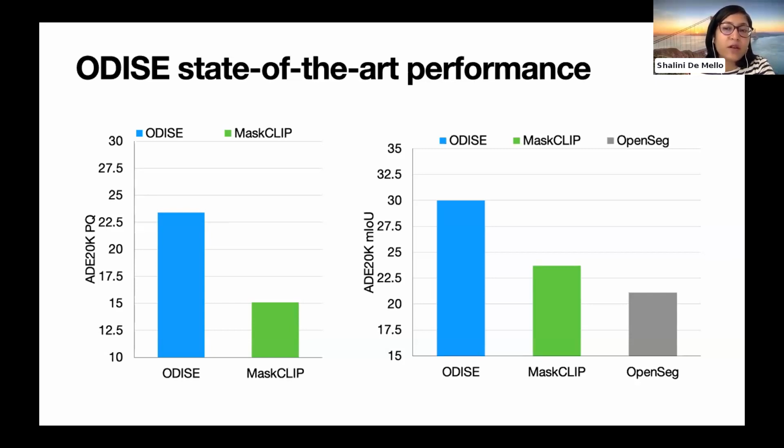And a prior work, OpenSeg, which was published before MaskCLIP, only used the CLIP model, did not use the diffusion model. And as compared to that as well, we found that Odise led to a significant improvement in open vocabulary panoptic segmentation accuracy on the ADE20K dataset. And just to mention here is that ADE20K was not used at all for training. We simply trained Odise on the COCO dataset.